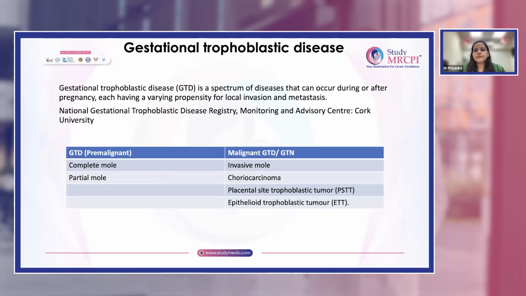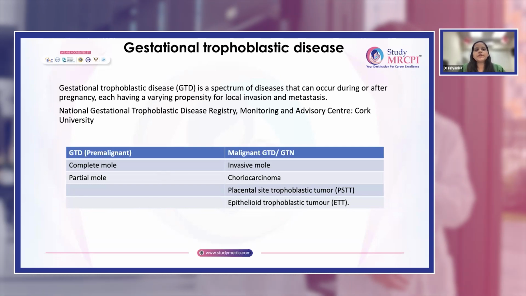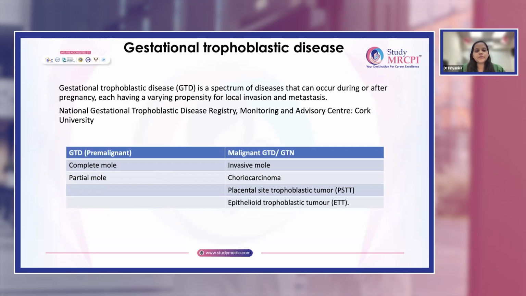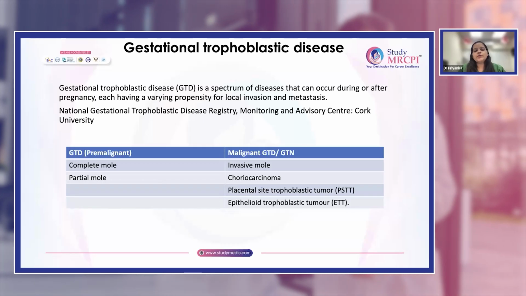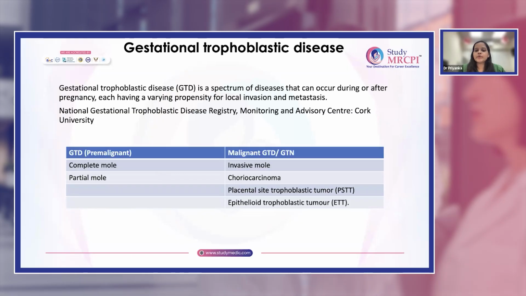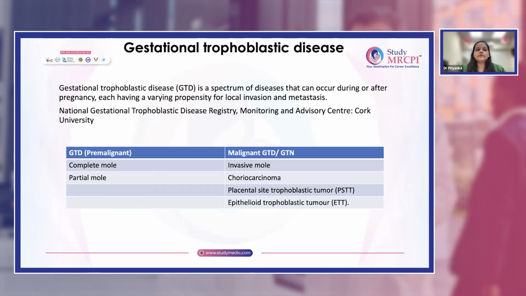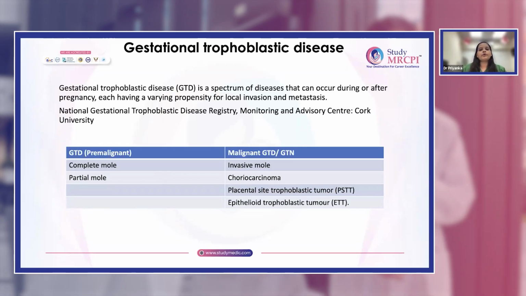Now coming to malignant gestational trophoblastic disease, it also covers a spectrum of disorders which are a little more sinister than the pre-malignant conditions. It consists of invasive mole, choriocarcinoma, placental site trophoblastic tumor, and the rare epithelioid trophoblastic tumor. In Ireland, the National Gestational Trophoblastic Registry is situated in Cork University.